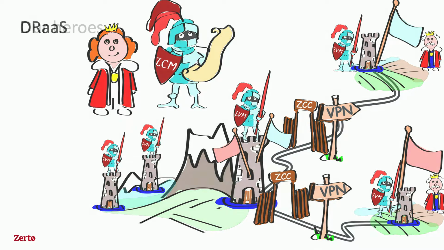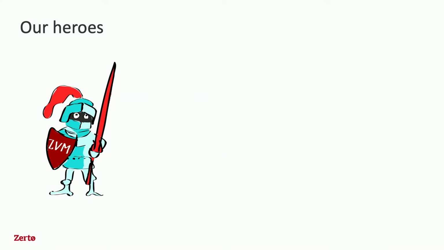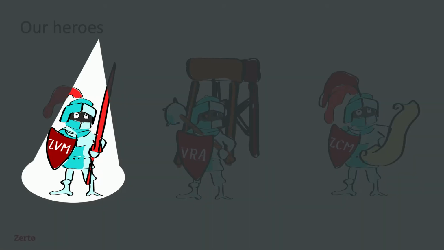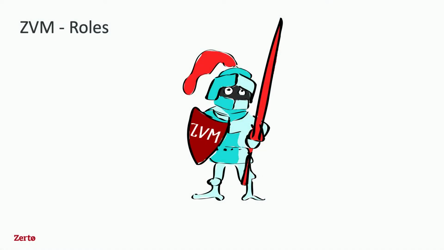Another role is to communicate with the peer ZVMs, right? It can query the peer ZVM for information. It can give it commands to execute. And that's a peer-to-peer relation. There is no one ZVM that is superior to the other one.